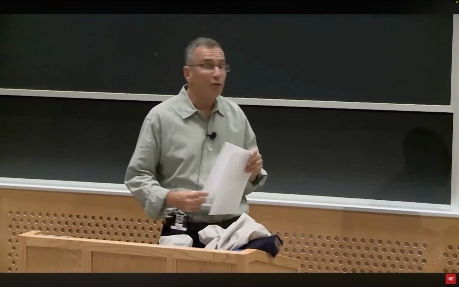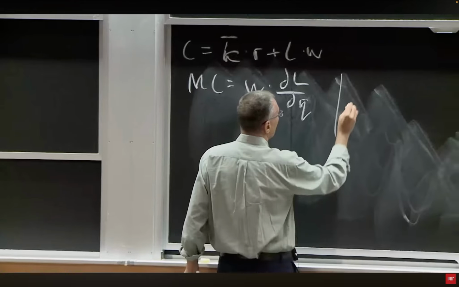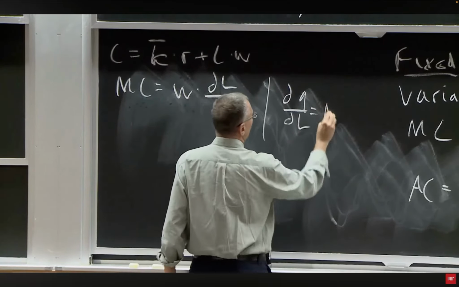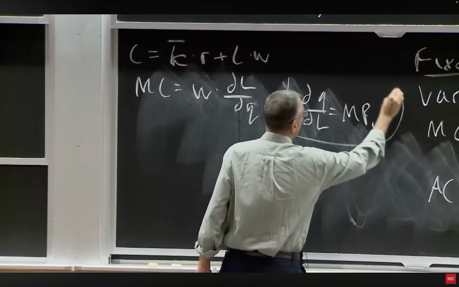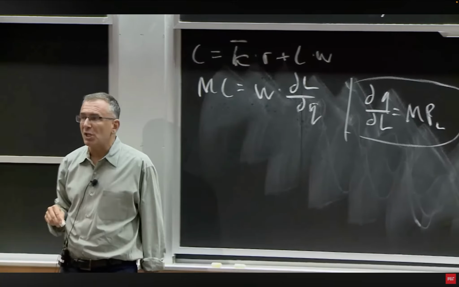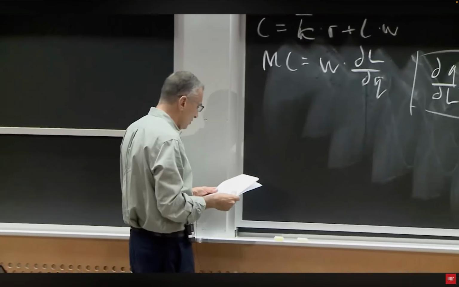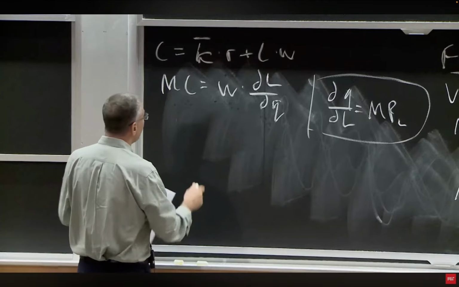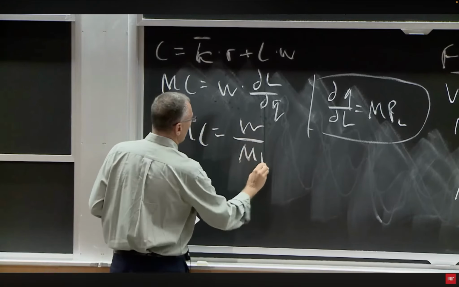But we also know from last lecture that dQ/dL, we had a name for that. We called that the marginal product of labor. We defined that last lecture. How productive the next unit of labor is was dQ/dL. So we can substitute in to write that marginal cost equals W over the marginal product of labor.